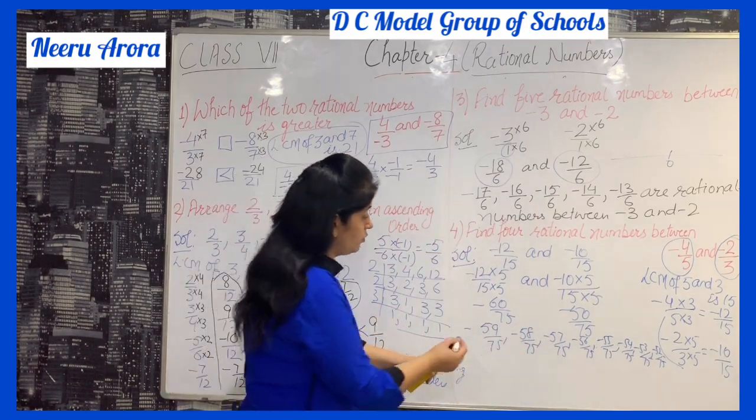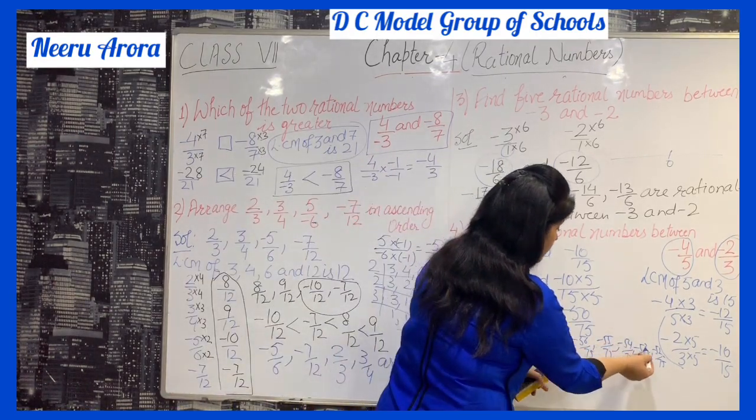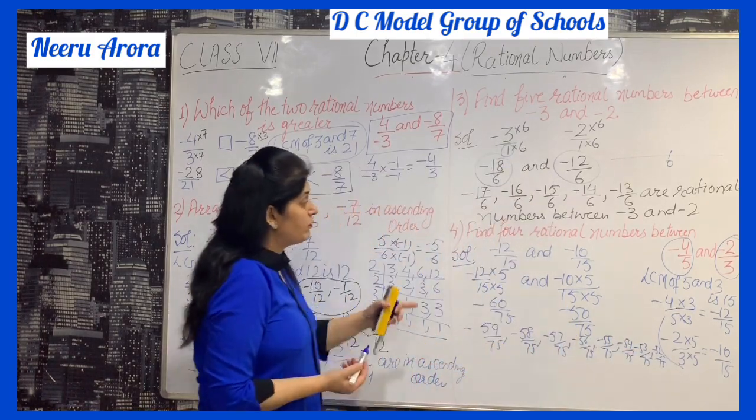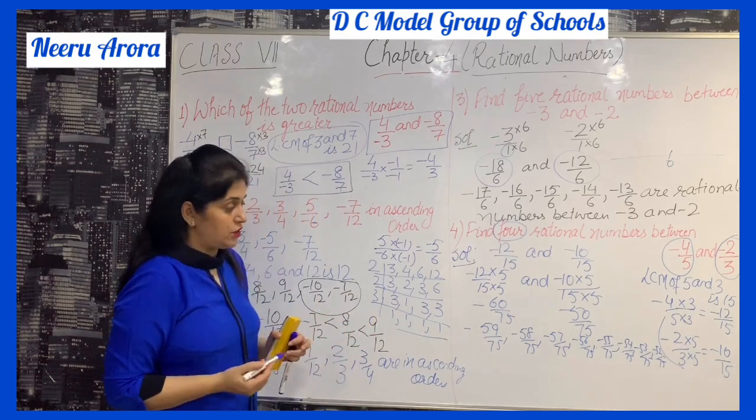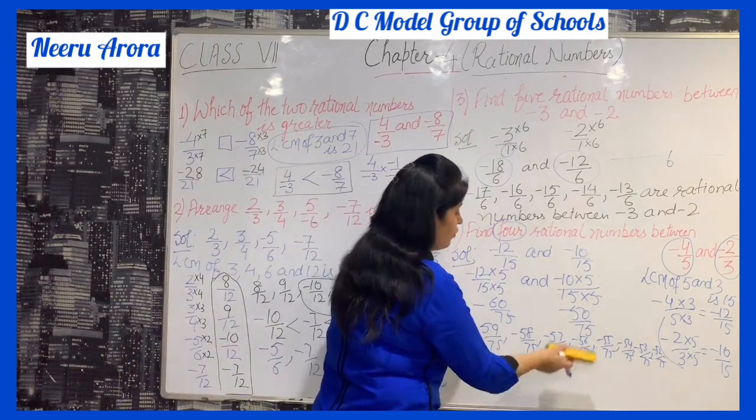So we can find 1, 2, 3, 4, 5, 6, 7, 8, 9 rational numbers. But we want only 4 rational numbers. So you can choose any 4.